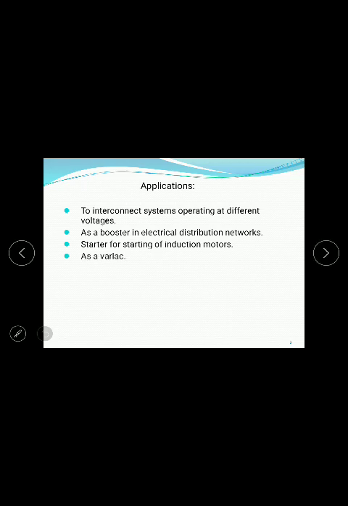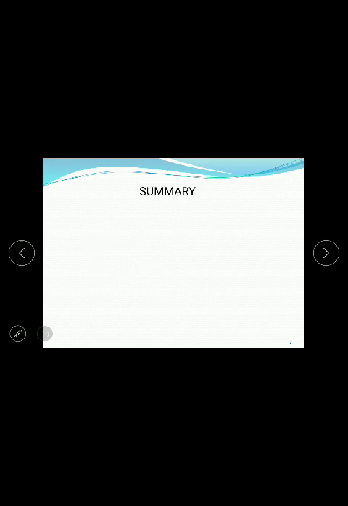It is used as a variac. Variac means it is used as a variable voltage supply. It is used in laboratories also. Basically, the main application is as a furnace transformer.